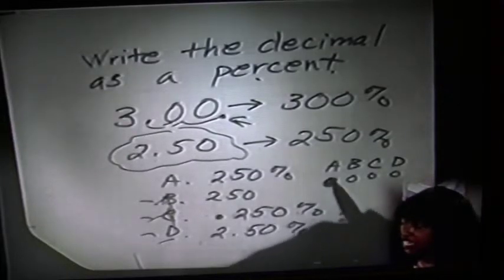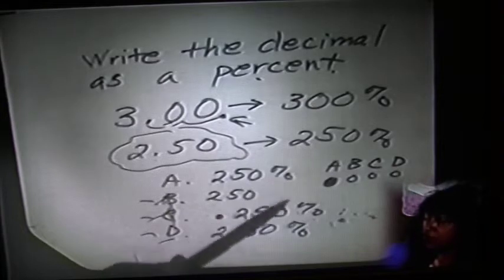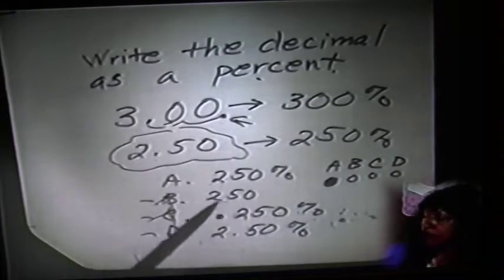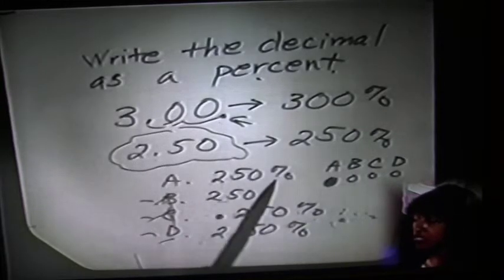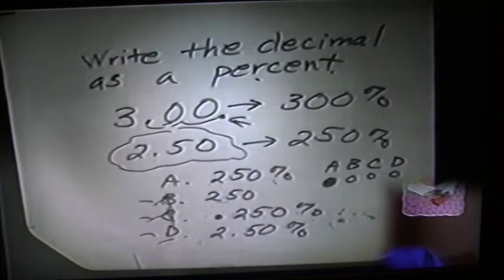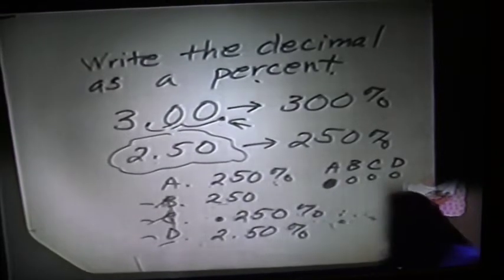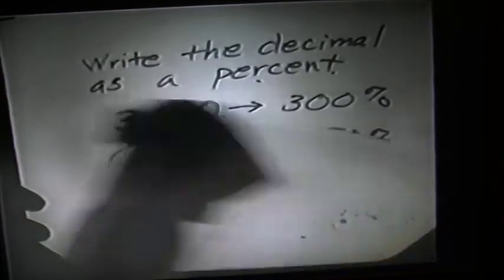And you darken inside your circle 250%. Make sure the percent is there. Do not be fooled by just 250 because it asks you for the percent. So you must have the percent sign there. These things are what you look for. Little things like that during test questions. Look for them and keep those phones ringing.